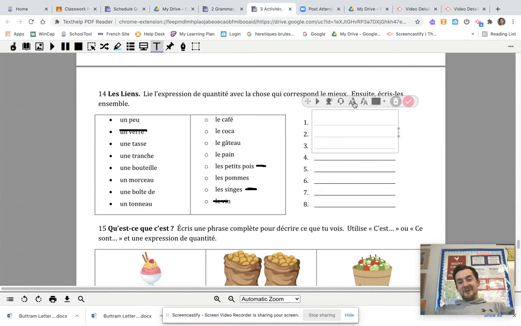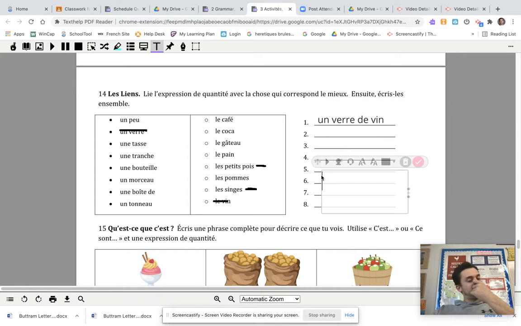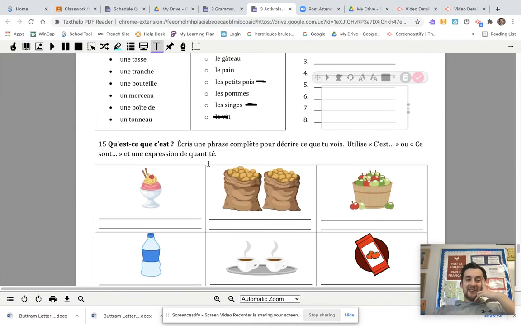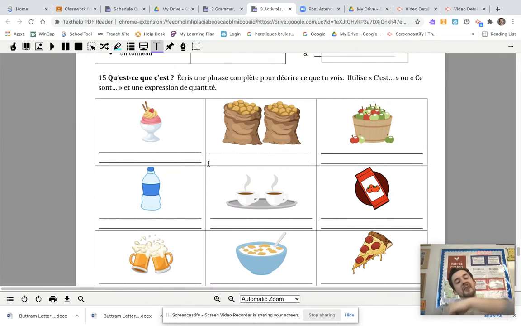You don't have to do that one if you don't want to, but un verre de vin. That's what you're doing, is just describing one thing with the other. Try and use the most logical, but if you want to use several of them, please don't say a morsel of monkeys or a slice of monkeys. That'll make me sad.